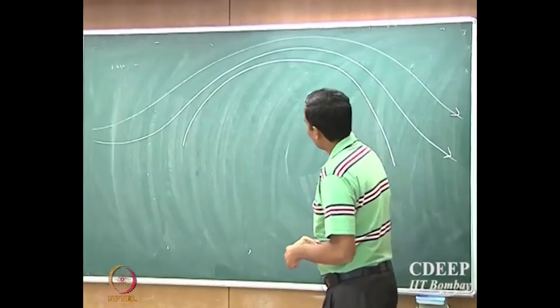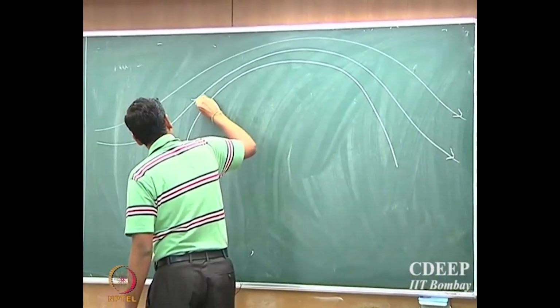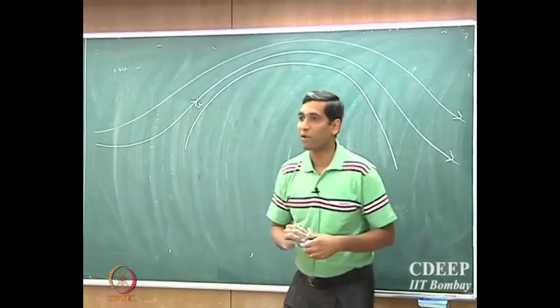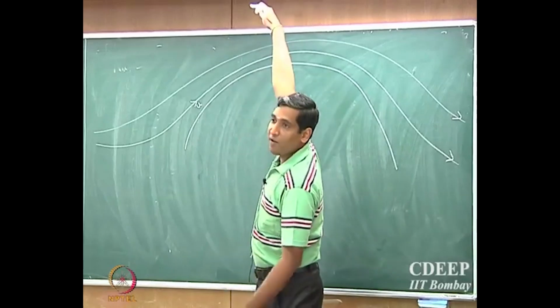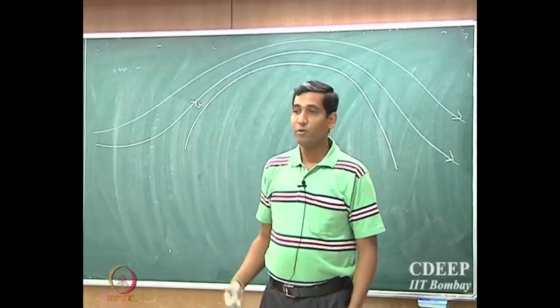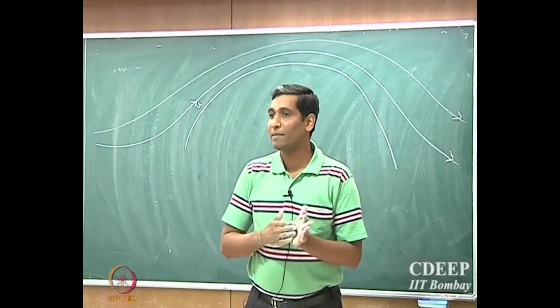Now, what happens to the velocity? If I want to know what is the velocity of the fluid at that location compared to the velocity of the fluid which is flowing well above the cylinder, which one will be higher? Well above or well below?